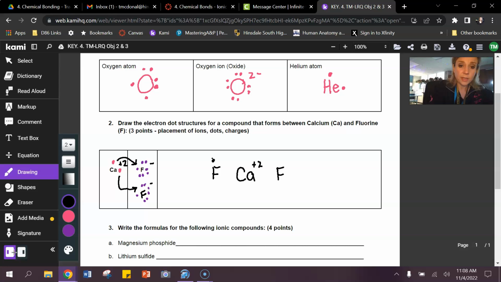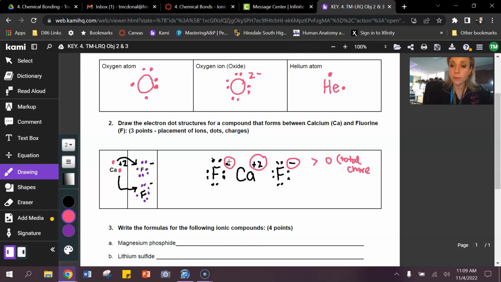So my fluorine has 8 electrons and has a -1 charge, and this fluorine also has 8 with a -1 charge. And that's my final answer. And by the way, if you add a -1 plus a +2 plus a -1, the total charge on my compound is 0.